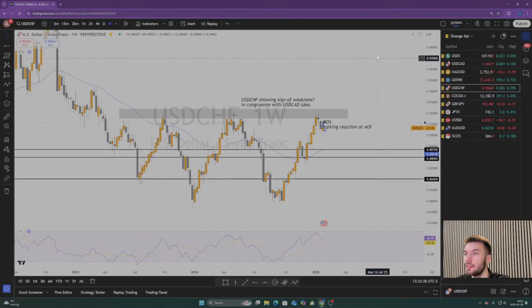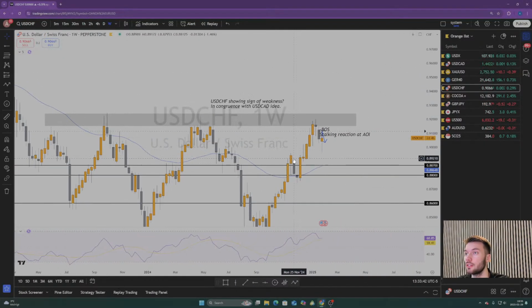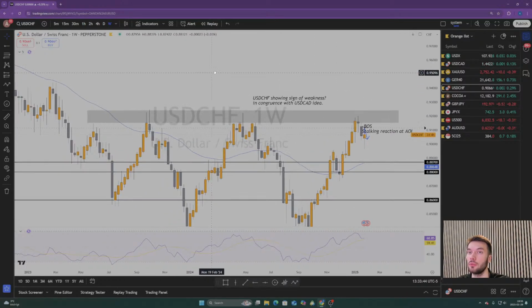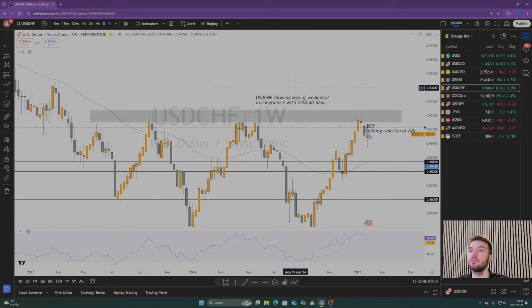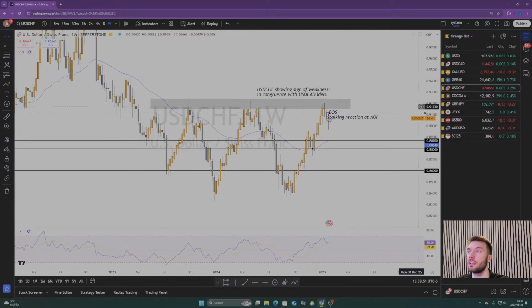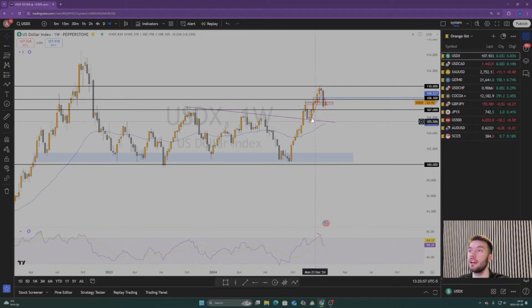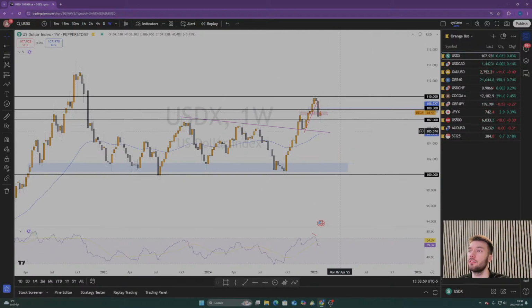And right now it's rejecting. Here it could chop a little bit as well. But generally to the downside, we're looking for short ideas here for the USD CHF, and it's in confluence with the dollar idea here as well, where we are looking for a bigger retracement in general.